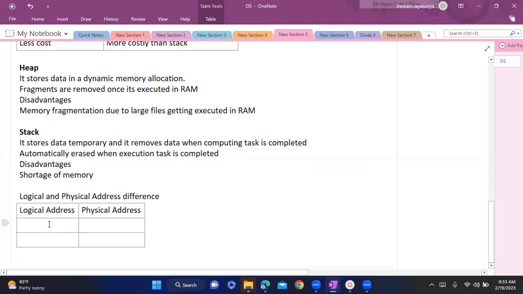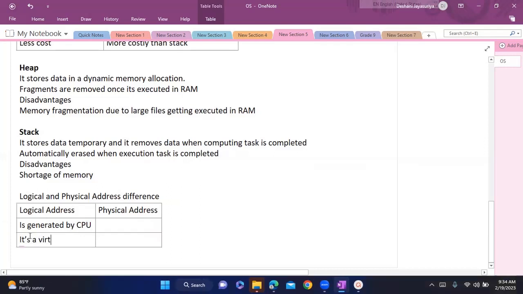right? So logical address is generated by CPU. It is a virtual address. Right?